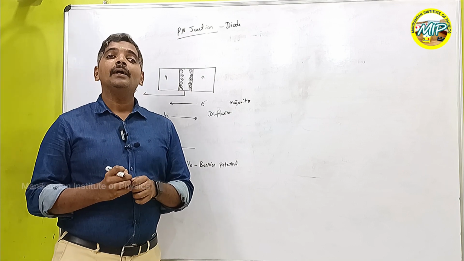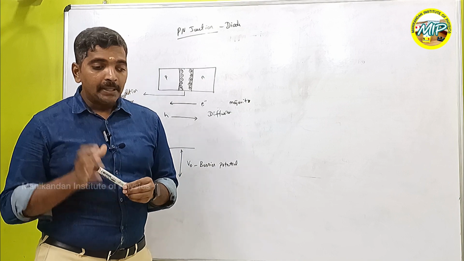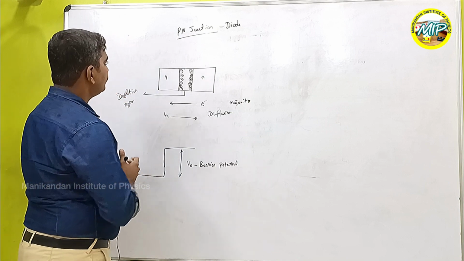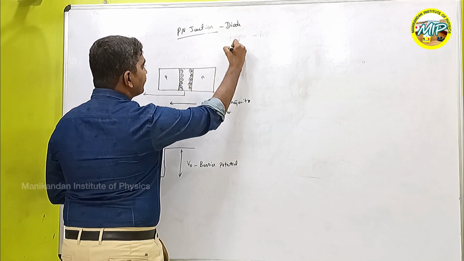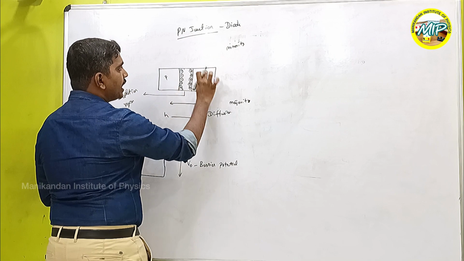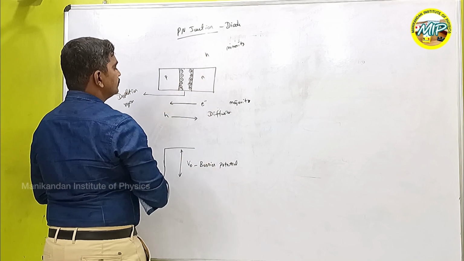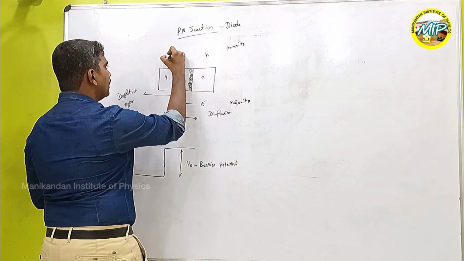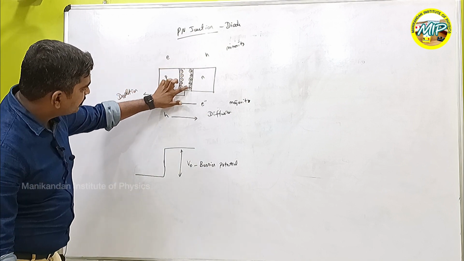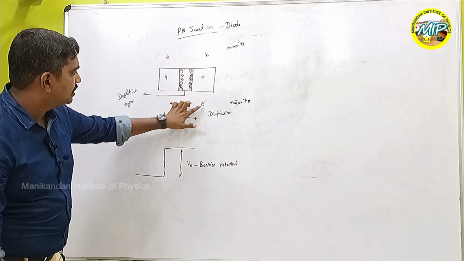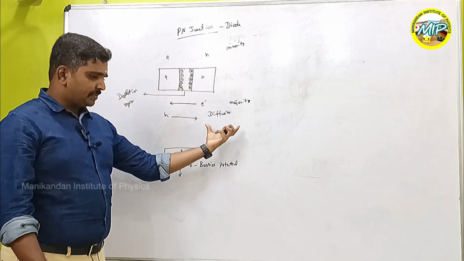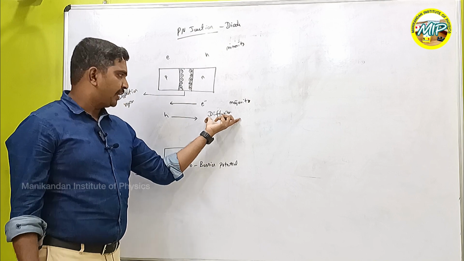It's called drift. This is because of the minority carriers. Here the minority carriers are holes. For p-type, the minority carriers are electrons. These positive ions are left by these electrons, and these negative ions are left by these holes, because of the motion of the majority carriers.